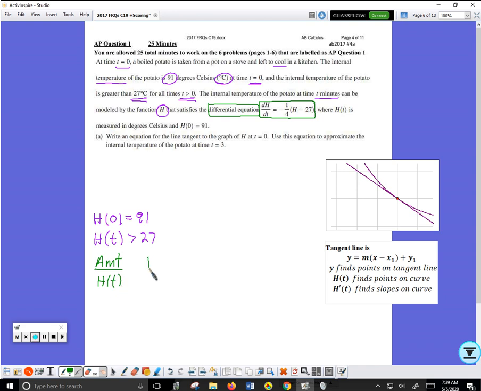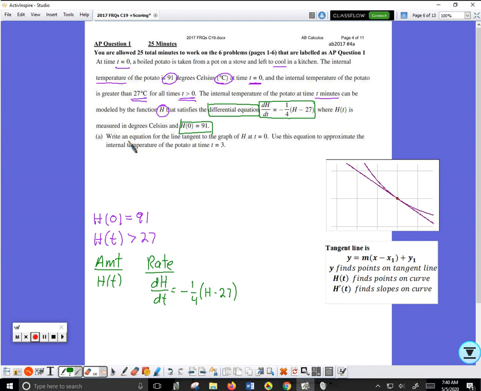My rate is the differential equation, dh dt. Let's see, don't forget the negative there. Negative 1/4 (h minus 27). Where h is measured in degrees Celsius, we've already got that. Okay, moving on.